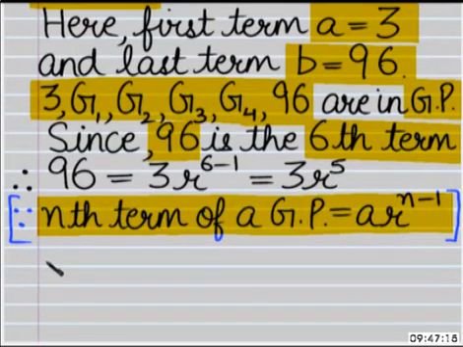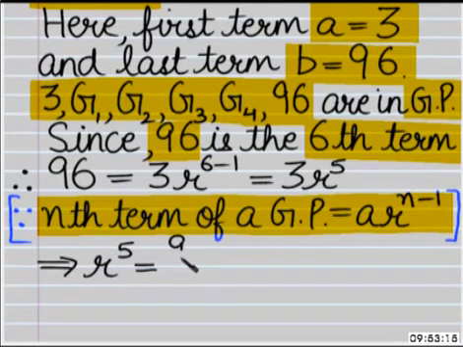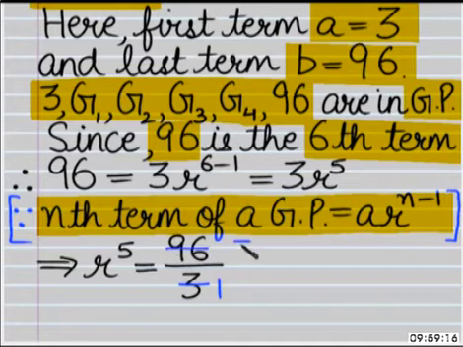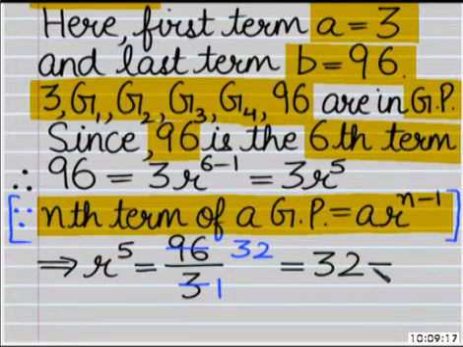So this further implies r raised to the power 5 is equal to 96 divided by 3. On solving it, we get r raised to the power 5 is equal to 32. It can be written as 2 raised to the power 5.